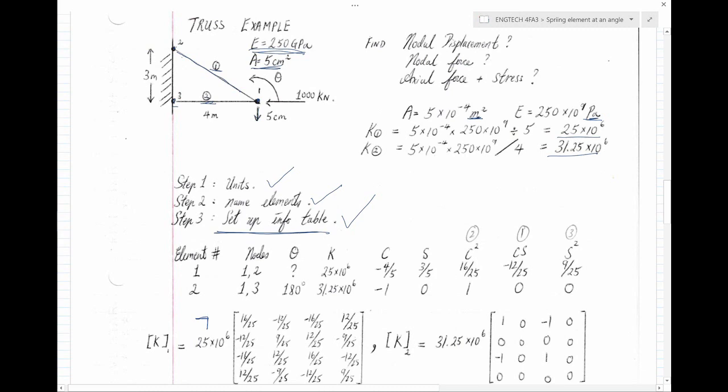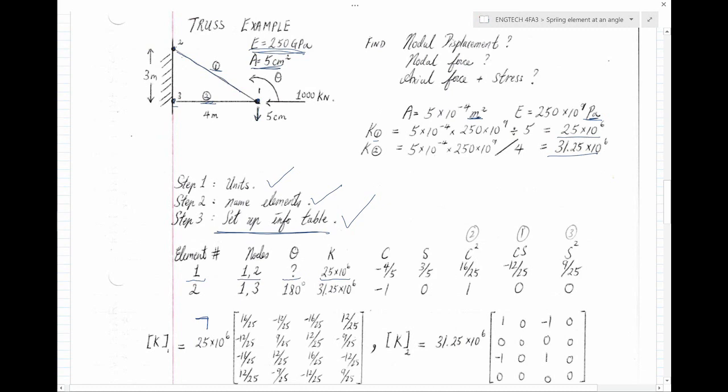Let's go over the first element. Element 1 has two nodes, nodes 1 and 2. The angle for element 1 we don't know, but we don't need to know it, because all we need is the ratio along the length, the cosine and sine of it. The k value we get from the previous equations.